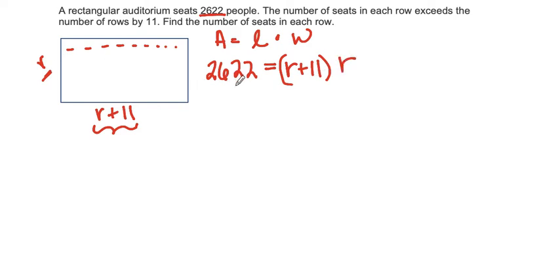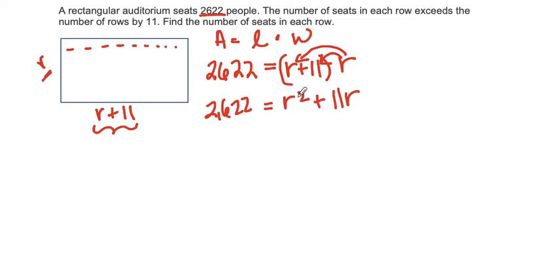Now I can simplify this. I can just use the distributive property. R times R is R squared, plus R times 11 is 11R, and this is equal to 2,622. Now I have to get 0 on one side in order to solve a quadratic equation.